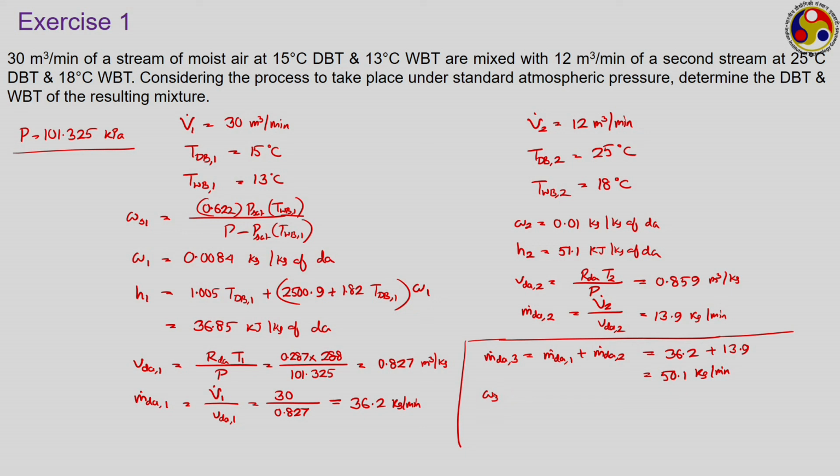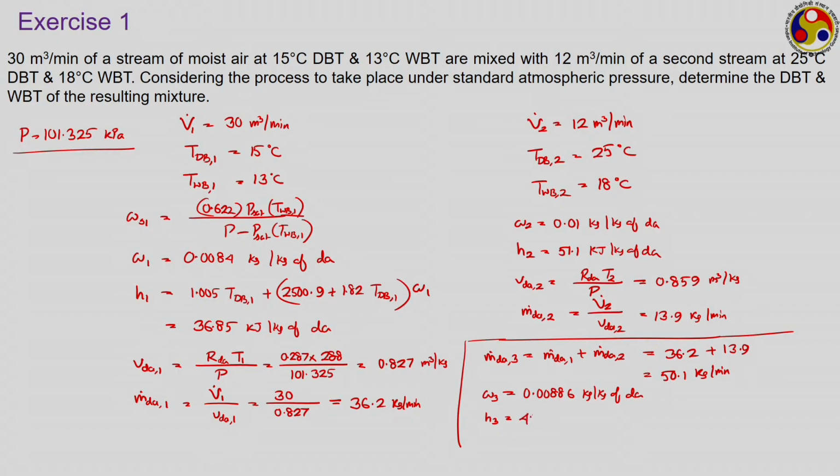We know that omega 3 will be equal to m dot dry air 1 into omega 1 plus m dot dry air 2 into omega 2, by m dot dry air 3, which is coming to be equal to 0.0086 kg per kg of dry air. And H3 will be equal to m dot dry air 1 H1 plus m dot dry air 2 H2 divided by m dot dry air 3, which is coming as 40.8.